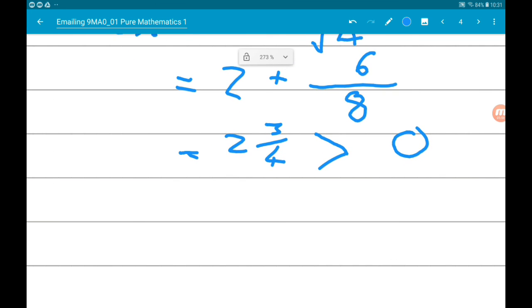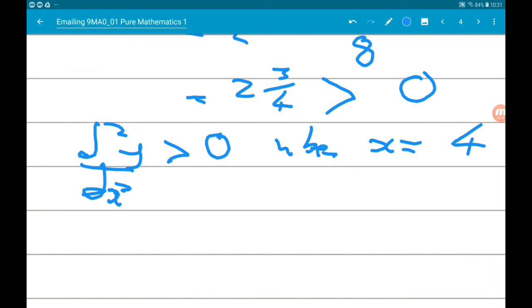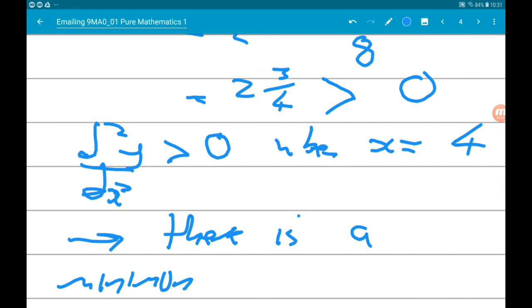So d squared y by dx squared is greater than 0 when x is equal to 4. Therefore, there is a minimum at x equals 4.